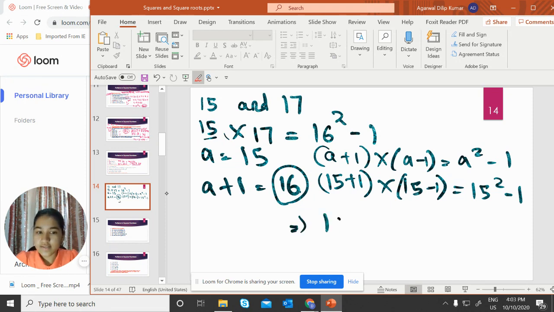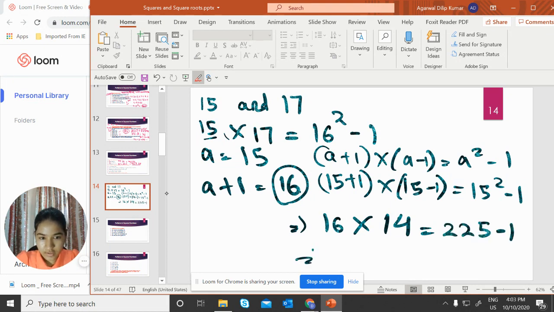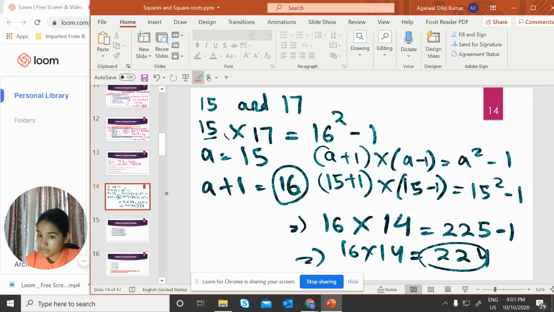That implies 16 into 14 is equal to 15 square, 225 minus 1. That implies 16 into 14 is equal to 224. Oh, isn't it amazing? That's what it means.